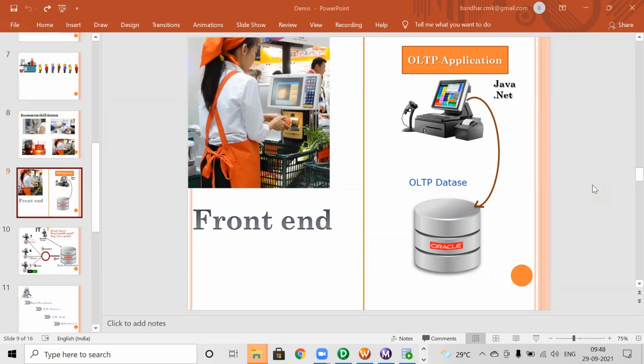If more data is there, anything they want to do will take a lot of time. But the intention of OLTP systems is to give fast and accurate service to customers, right? So they always keep the data very limited, and they design their OLTP systems in such a way to handle that amount of data efficiently to provide fast and accurate service to customers.